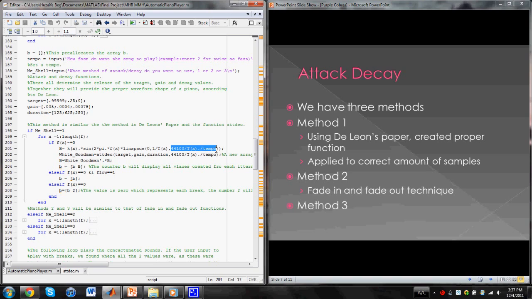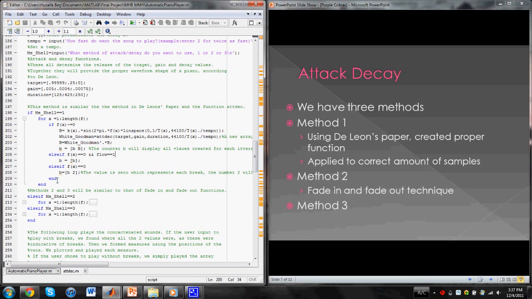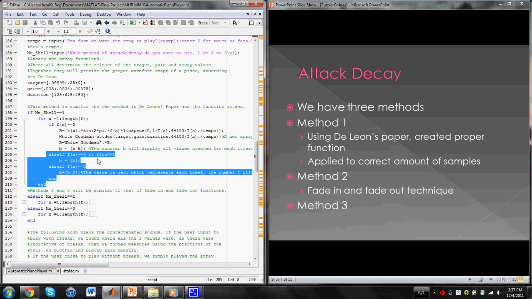We matched the two samples, the number of samples per note and the number of samples for that attack and decay scheme, multiplied them here, and we concatenated them right here. And basically what this is, is that if f of x is equal to 0, which we stated earlier is equal to a break, then instead we have b equals just b. So in other words, it won't note that character down.